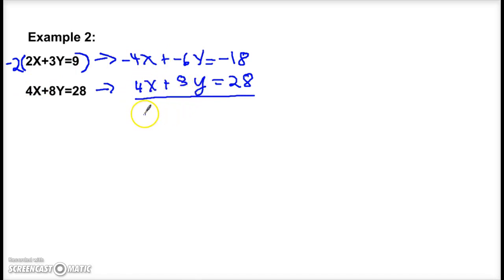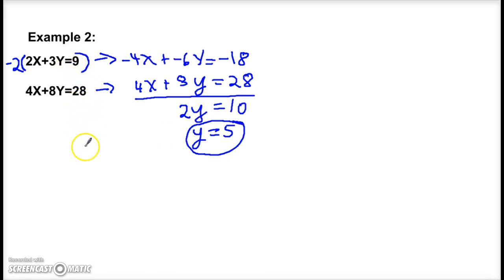So when I add these together, of course the x's drop out, and I end up with 2y equals 10. So y would equal 5. So that's the y value. To find the x value, I can take either equation I want and plug in my y equals 5. Let's take the original top equation. I had 2x plus 3y equals 9.